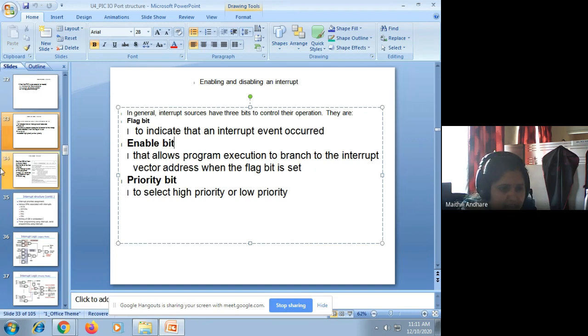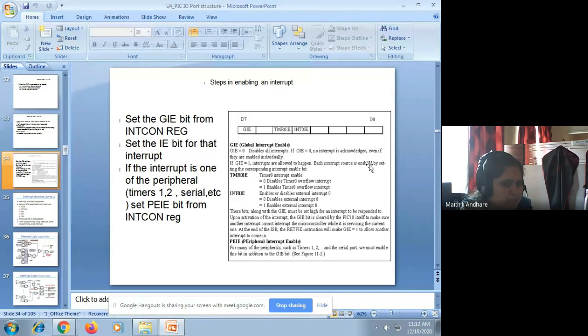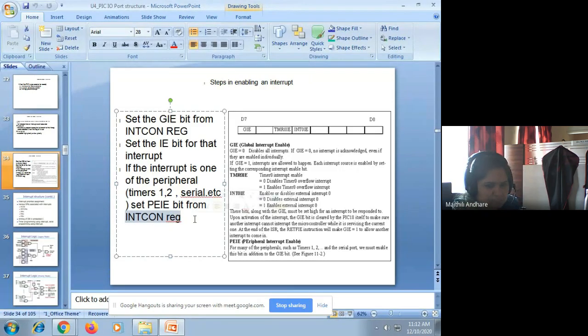If it is not enabled, the controller will not give service to that particular interrupt. And the priority depends upon the high and low priority set. According to that, the interrupt will be serviced. So for each and every interrupt, these 3 bits are associated in PIC microcontroller, whereas these 3 bits are not available in 8051 microcontroller.